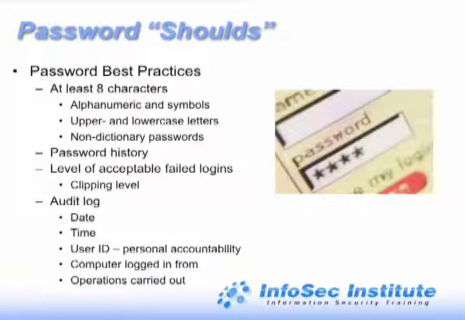Okay, again, best practices. Clipping is definitely a very important one to know about. That's basically the 3 strikes you're out rule, or whatever number of strikes you want to put on there. And then auditing. Whenever you have any sort of accountability, you always want to be auditing. For example, if somebody logs in with username and password, you want not only the time and date, but also what system they logged in from.